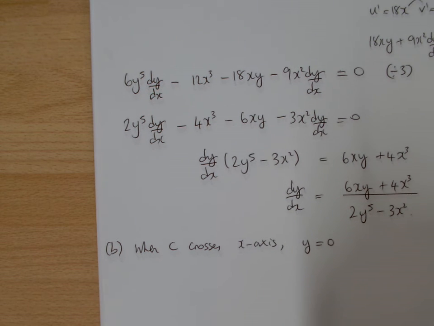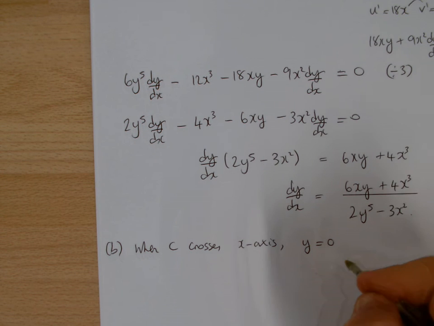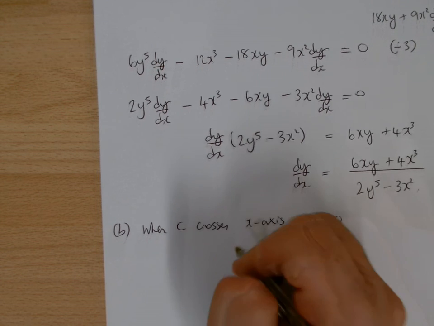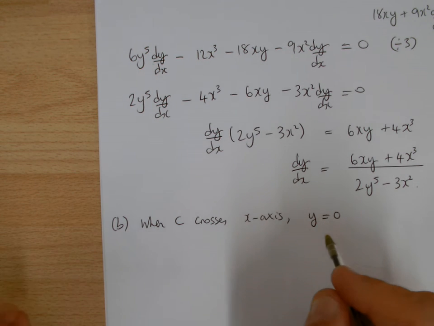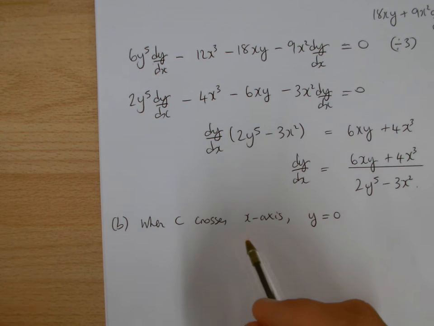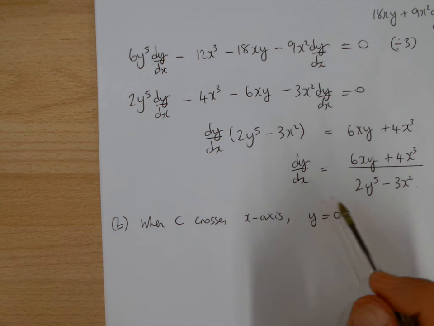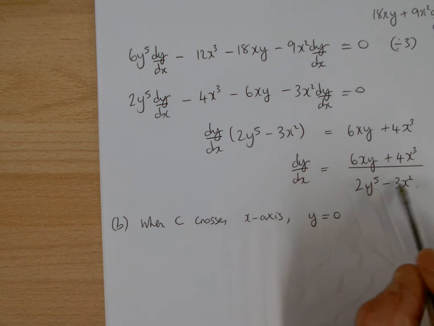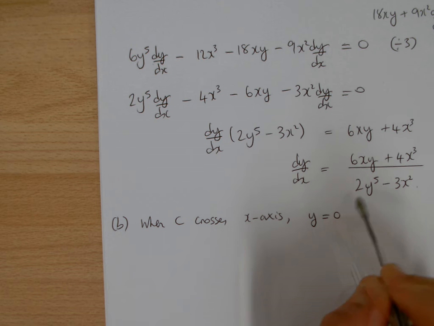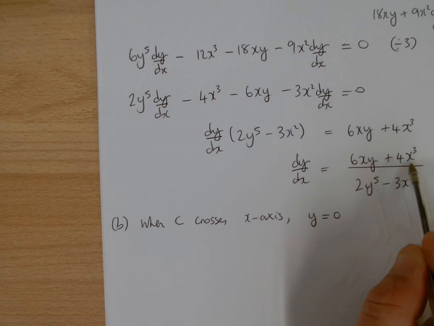It doesn't matter where it is on the axis, the y value will be 0. And we need to know the x value in order to work out dy/dx. It's good knowing the y value, but we do need the x values.